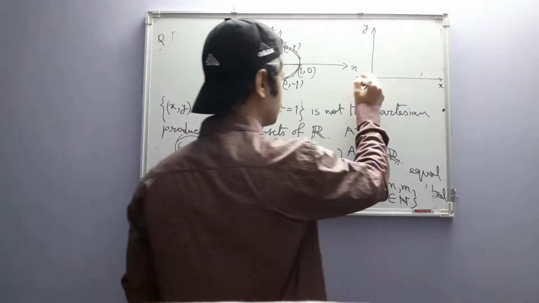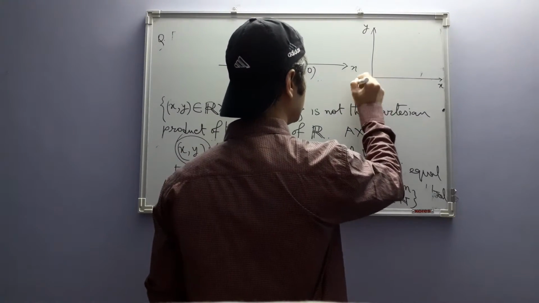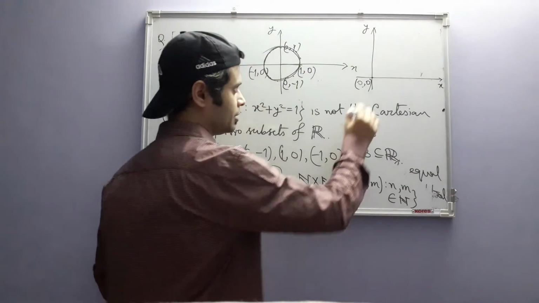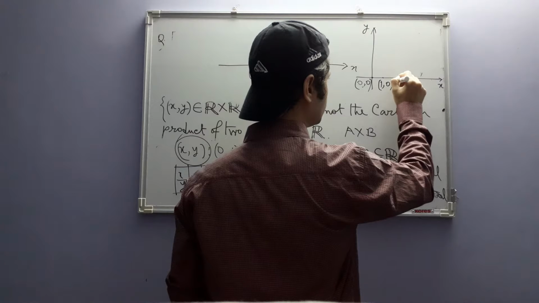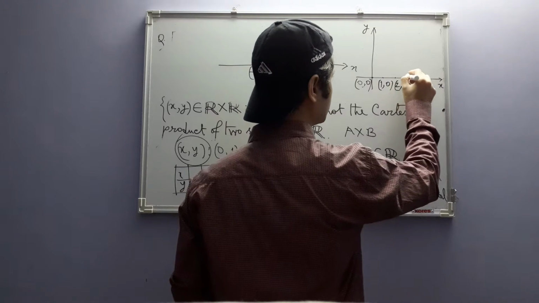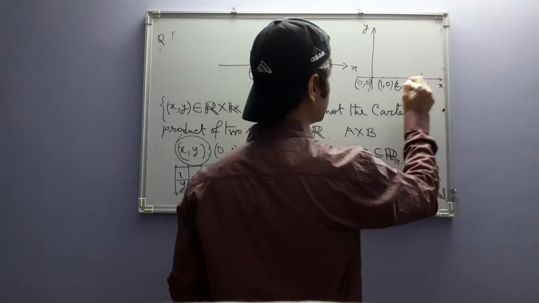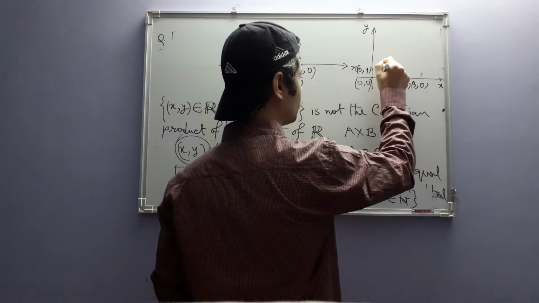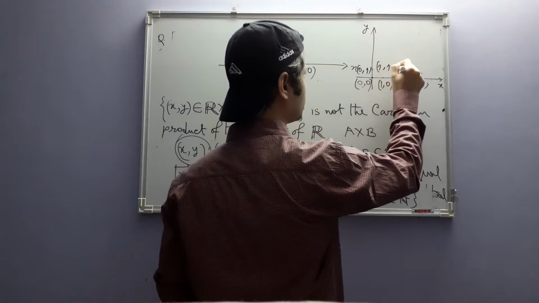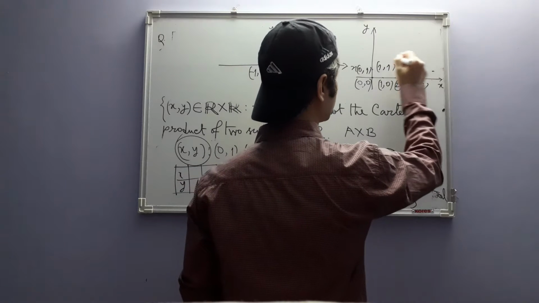For example, one element is 0, 0. Then you have 1, 0, 2, 0, 3, 0. It goes like this. Also we have 0, 1, 1, 1. It goes like this.